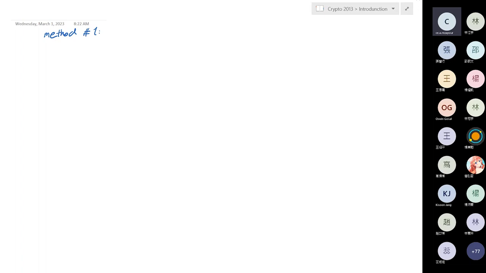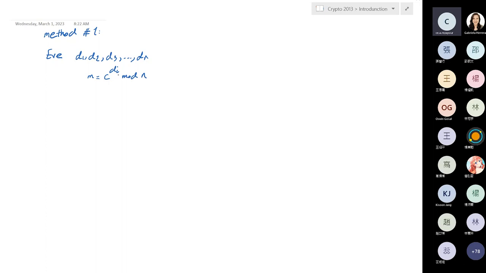We said that Eve would try many different Ds. So she can guess that maybe D1 is the private key, maybe D2 is, maybe D3 is, all the way to some n different Ds. And for every D that she chose, we said that we have to check if M equals C to the power Di mod N. Let me tell you a piece of information.